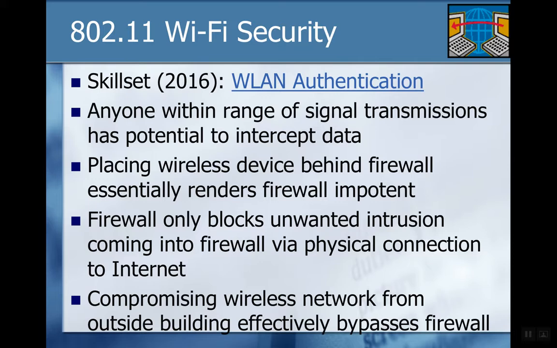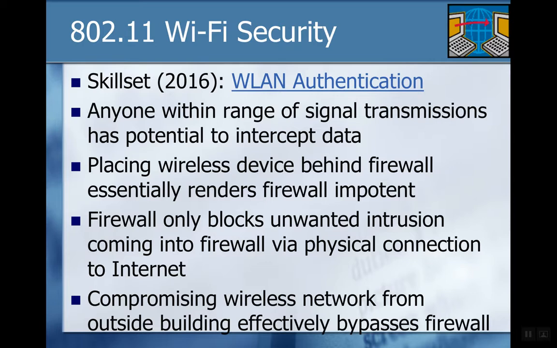802.11 Wi-Fi. When it first came out, like most networking stuff, it really didn't have a lot of security in it. It had some security mechanisms, but I won't say ineffective, they weren't necessarily up to the rigor needed to adequately provide security.